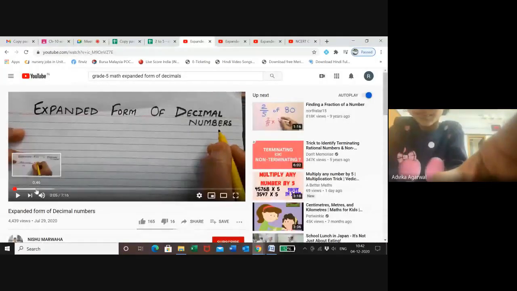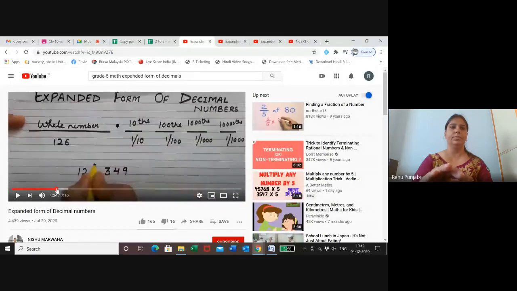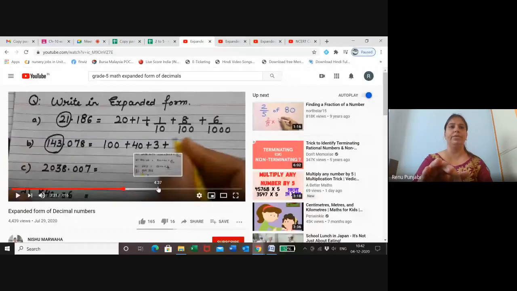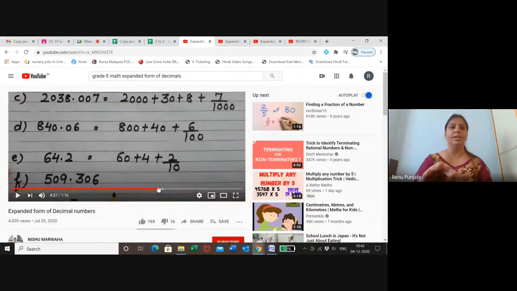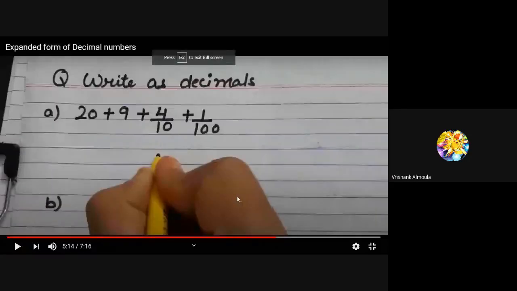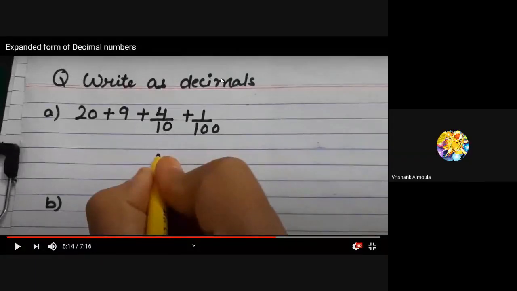So this is the expanded form you have already done. These are the other examples. Ma'am, should we write in the notebook? Yes, you have to write in the notebook. Write as decimals.